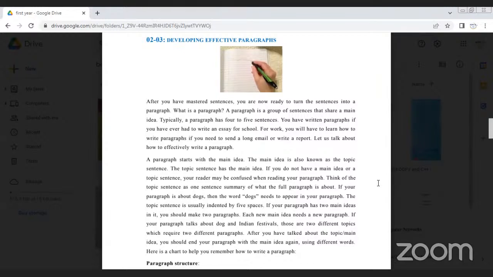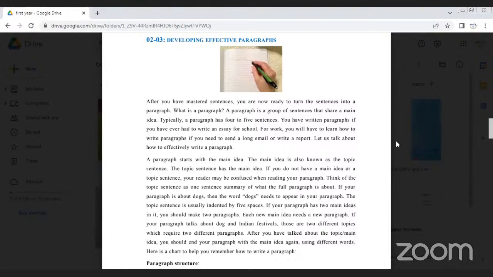You have to start your paragraph with your main idea, also known as the topic sentence. If you do not have a main idea or a topic sentence, your reader may be confused when reading your paragraph. That's why the topic sentence has the main idea.